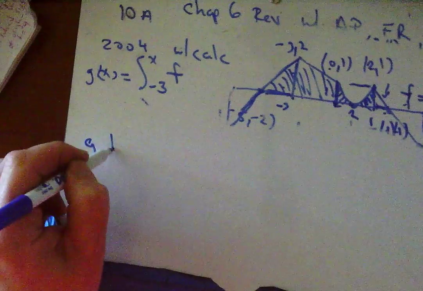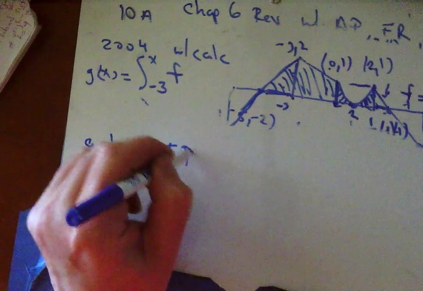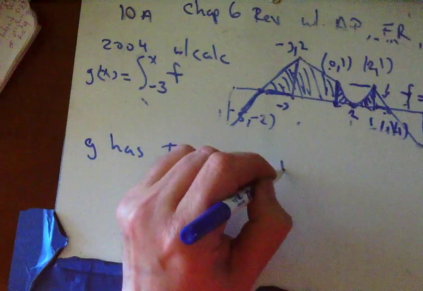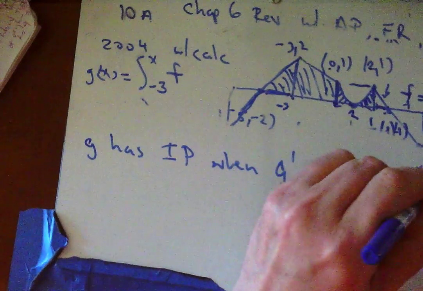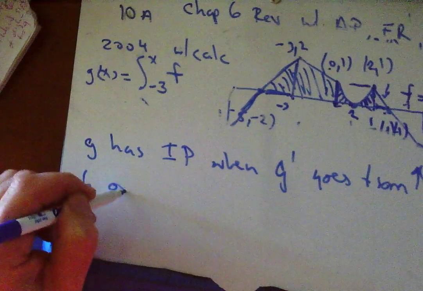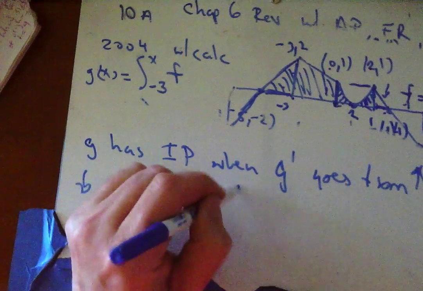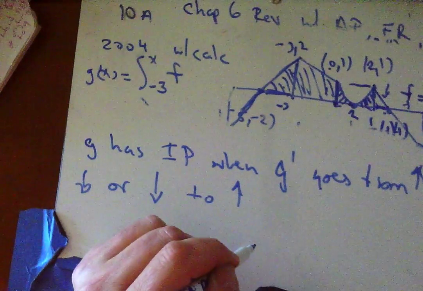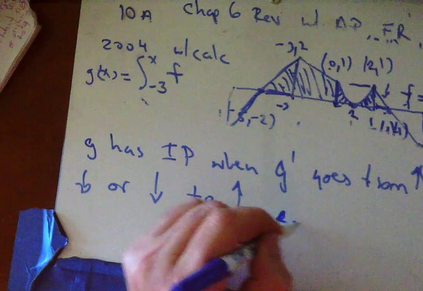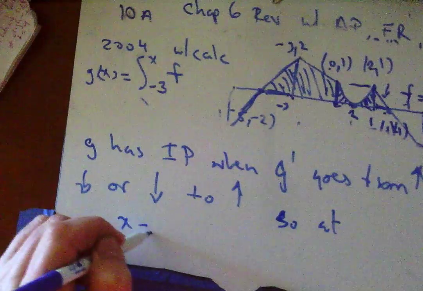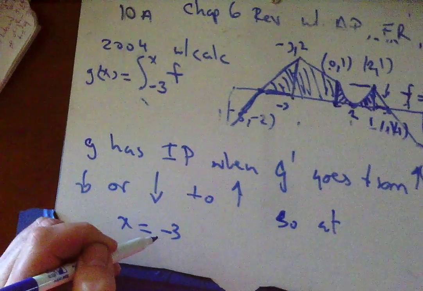So g has an IP when g prime goes from increasing to decreasing or decreasing to increasing. When does that happen? Well, I go from increasing to decreasing, so at x equals -3.